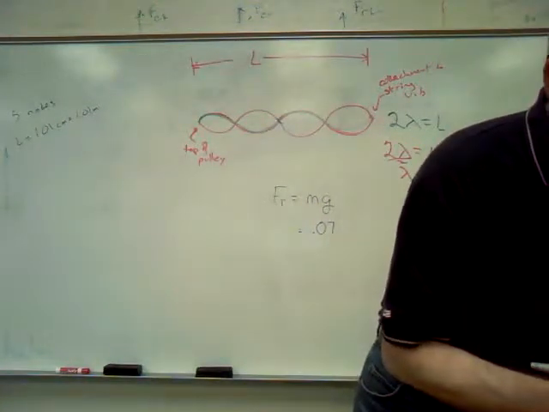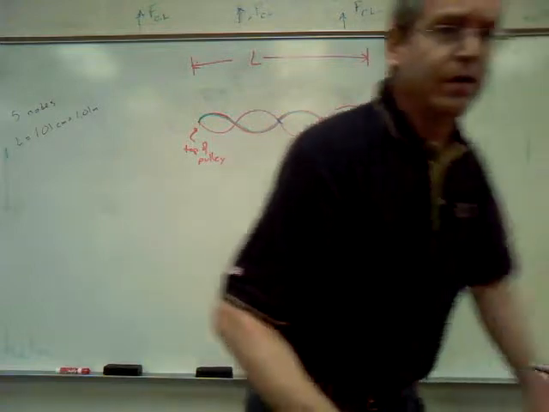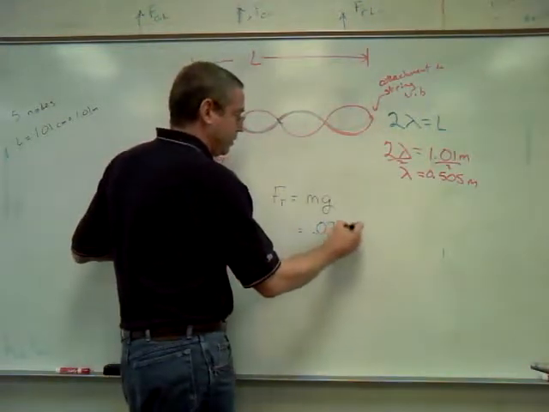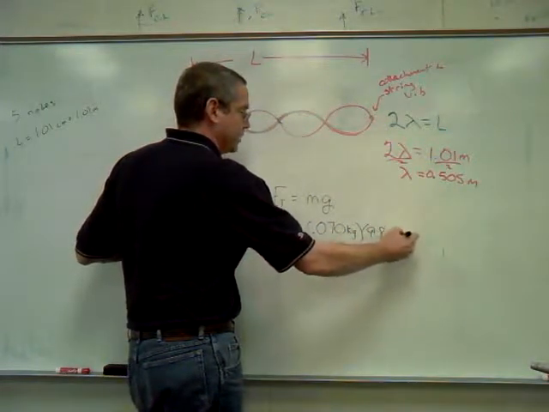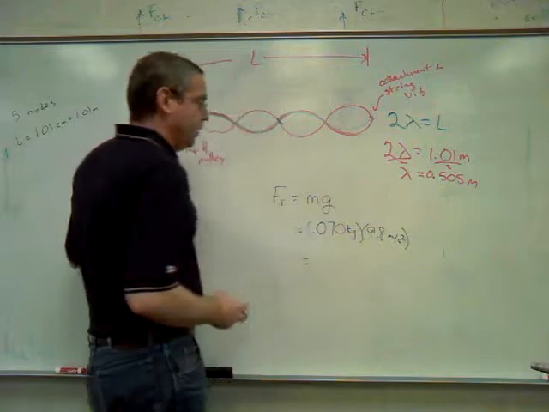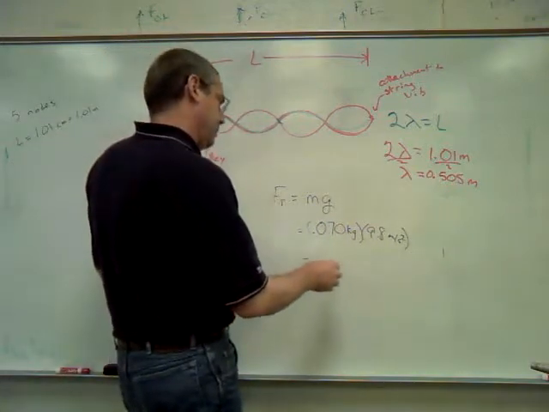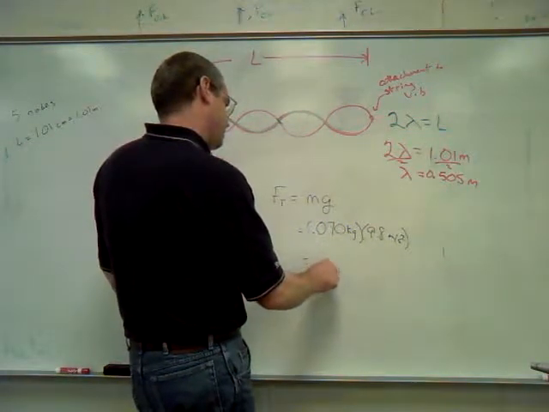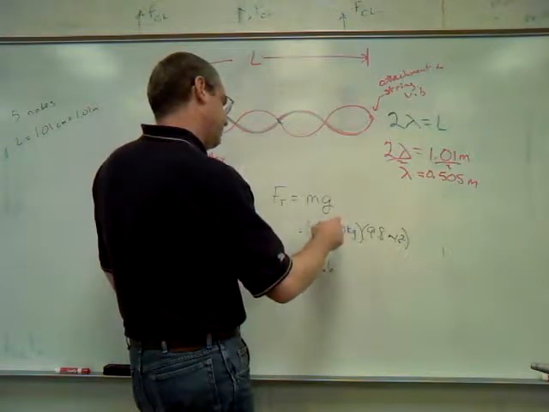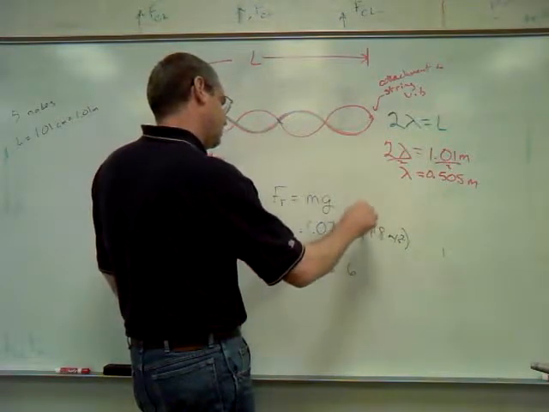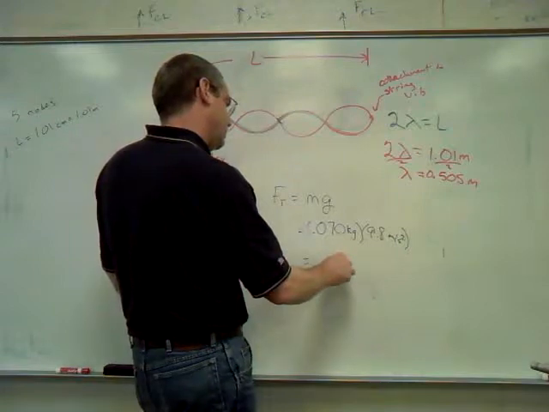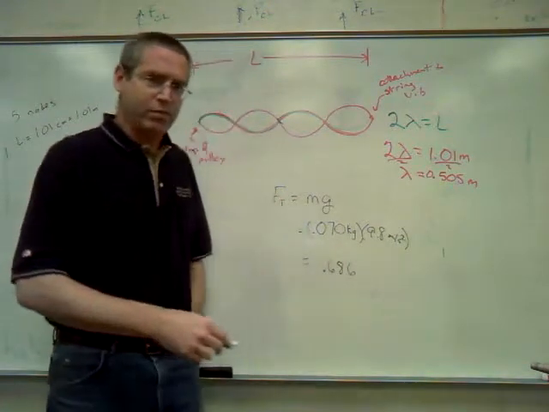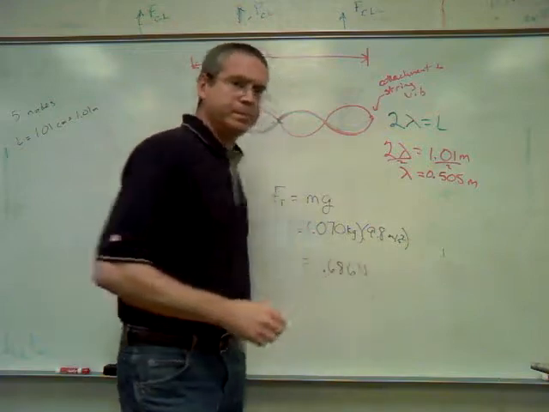That was a 50 gram mass and a 20 gram mass, so 70 grams, so 0.070 kilograms times 9.8 meters per second squared. And that ends up being 0.686 newtons, so I did my math right.